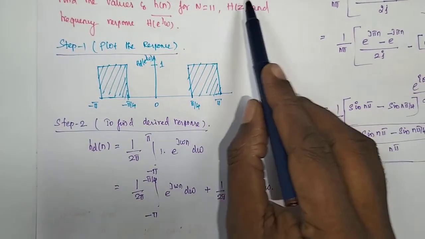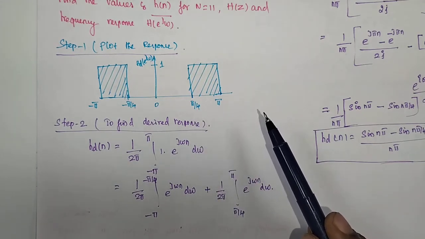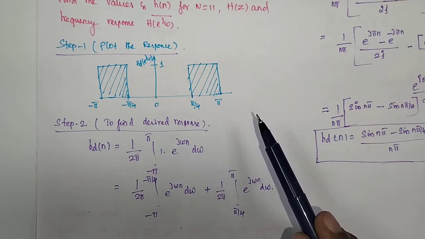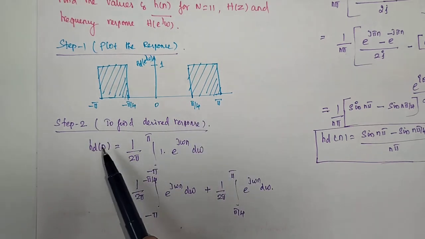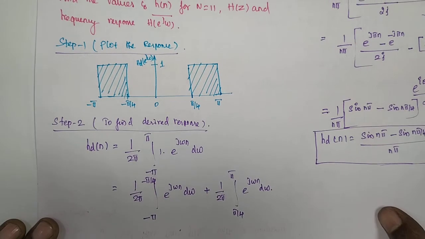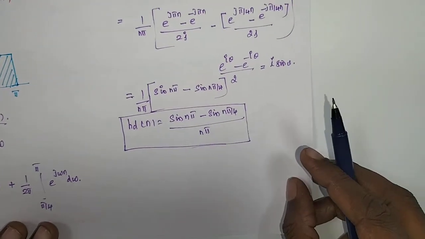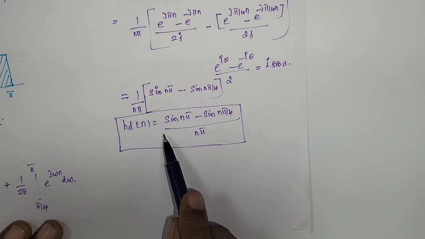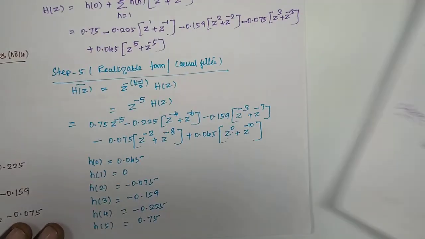That is, the frequency response is from minus pi to minus pi by 4, and then pi by 4 to pi. From this, you have to find the desired response by applying the integral value. From this, the desired response is sin n pi minus sin n pi by 4, divided by n pi.